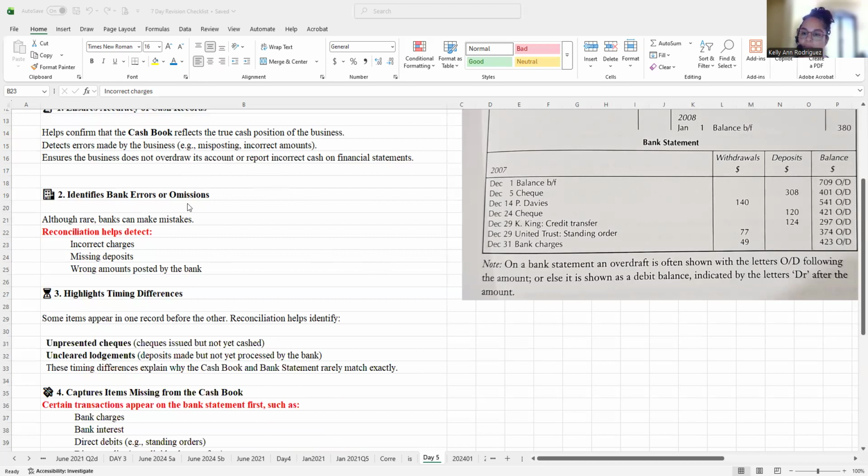Now, most people might say, how could a bank have an error? Banks can have errors, just the same as you and I. It is humans who have to enter the data into the system. You may find that, for instance, in Scotia, they will scan the value of checks, and it will identify the value and deposit it in your account. It will scan a check, show the information of the check, and deposit the exact value into your account.